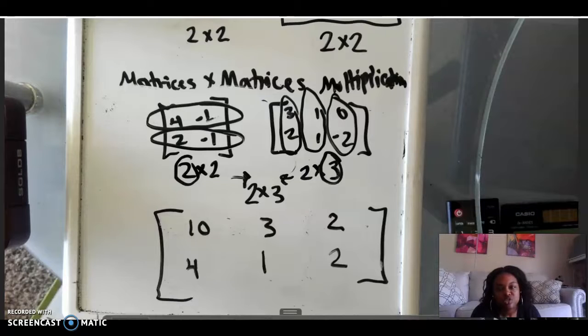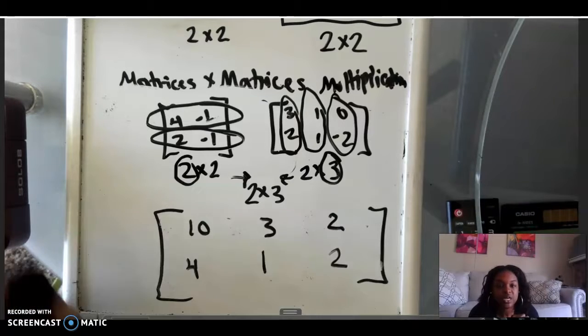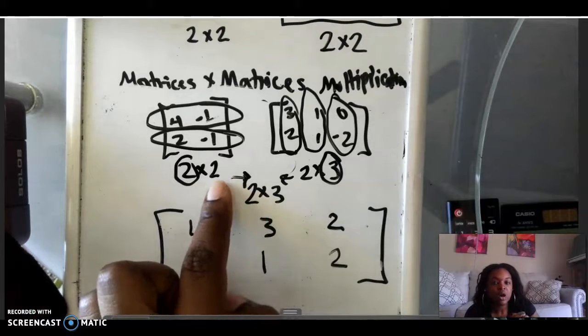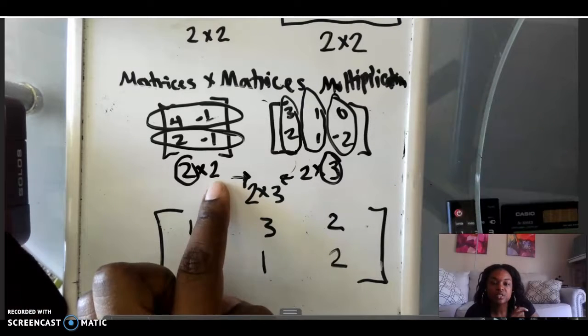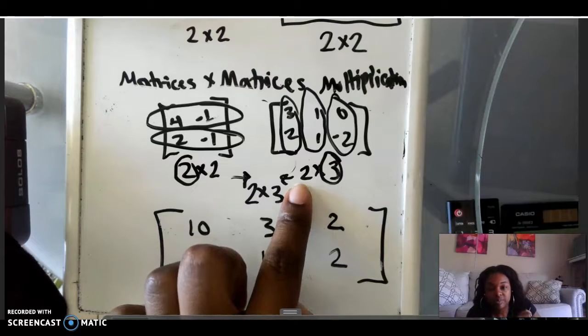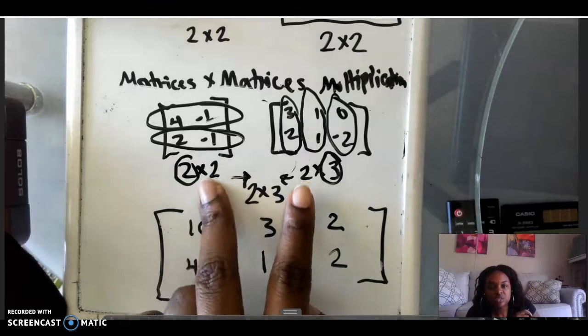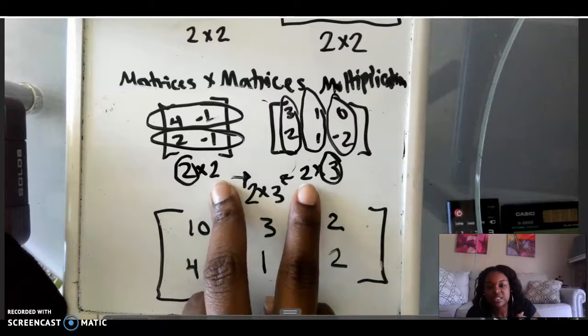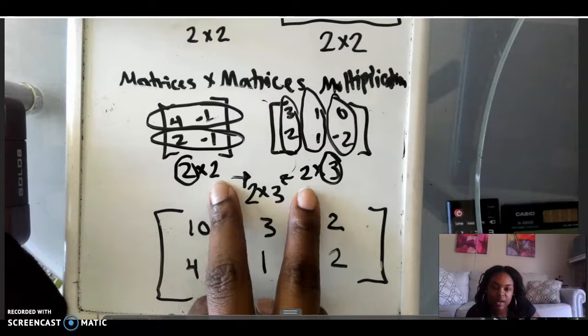The second concept is matrix by matrix multiplication. So the two matrices must have the same number of columns for the first matrix as the number of rows for the second matrix. So those two things must be the same in order for you to be able to multiply the matrices. If that's not the case, then you cannot multiply them at all, okay?